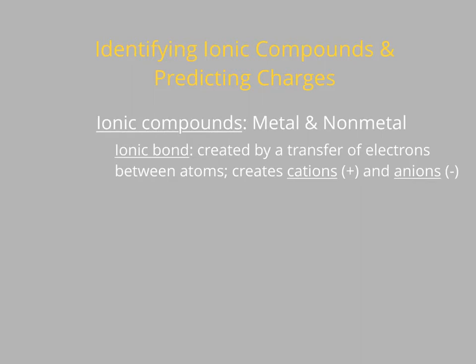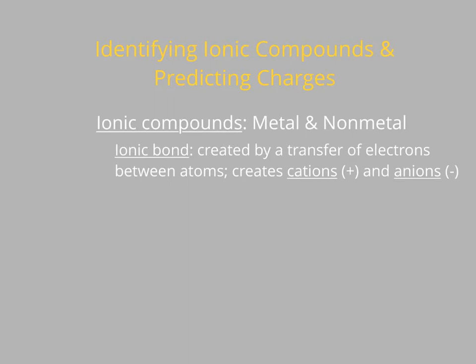As you recall from our part 1 naming video, our cations have a slightly positive charge, meaning they're the ones that have given up an electron, while our anions have a slightly negative charge because they're the ones that have accepted that electron.